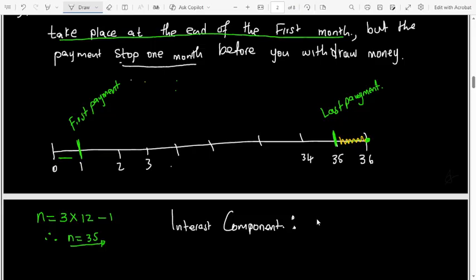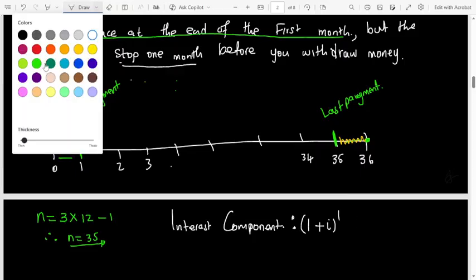So the interest component, since we have it, we need to calculate it using the formula 1 plus I to the power of the number of months that we're going to leave the money. So it's just for 1 month. This one on top is the 1 month's interest that you're going to leave the money in the bank.